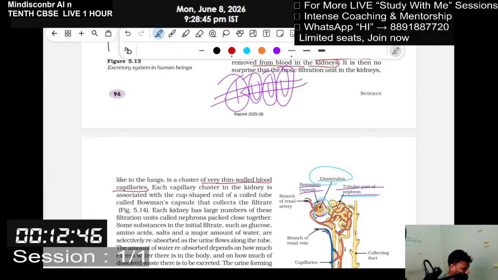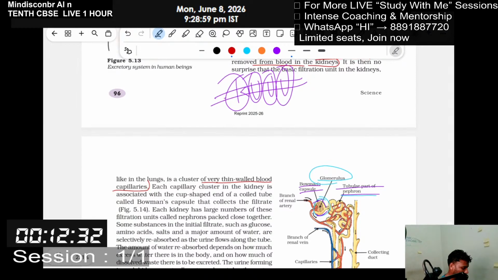So in the kidneys, this filtration occurs in a cluster of very thin-walled blood capillaries.